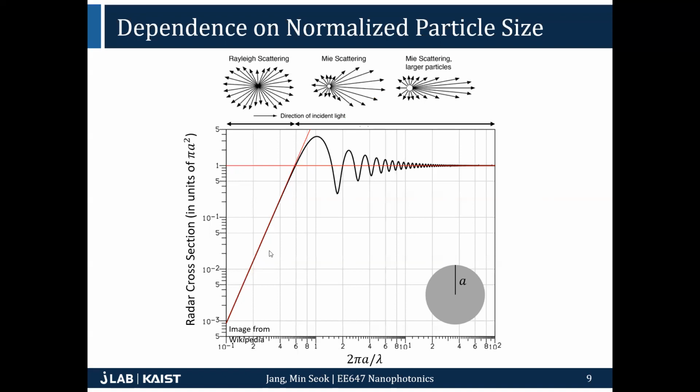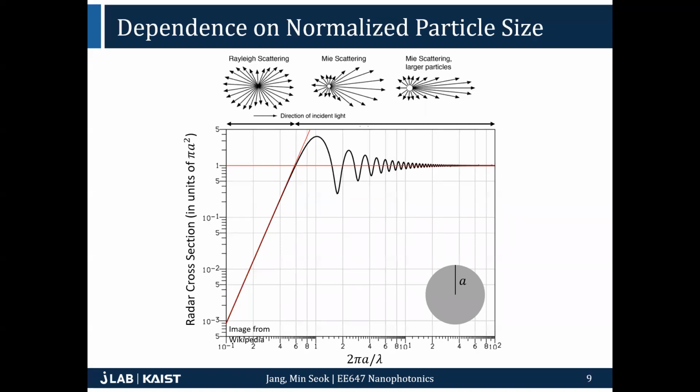This is pretty general behavior of the radar cross-section of a nanoparticle as a function of its size with respect to the wavelength. As I said, when the size of the particle is much larger than lambda, like 10 to the 2, 100 times larger, the radar cross-section converges to the actual physical area of the particle.